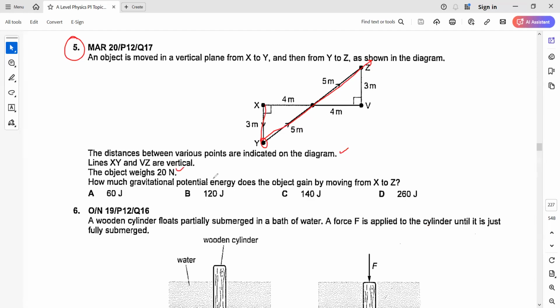How much gravitational potential energy does the object gain by moving from X to Z? Basically it starts here, goes down all the way here, and then goes up all the way here. So this path basically cancels out. So the only gain is this. If weight is 20 Newton and this distance is 3 meters, that's going to be 60 Newton meter. That's A.